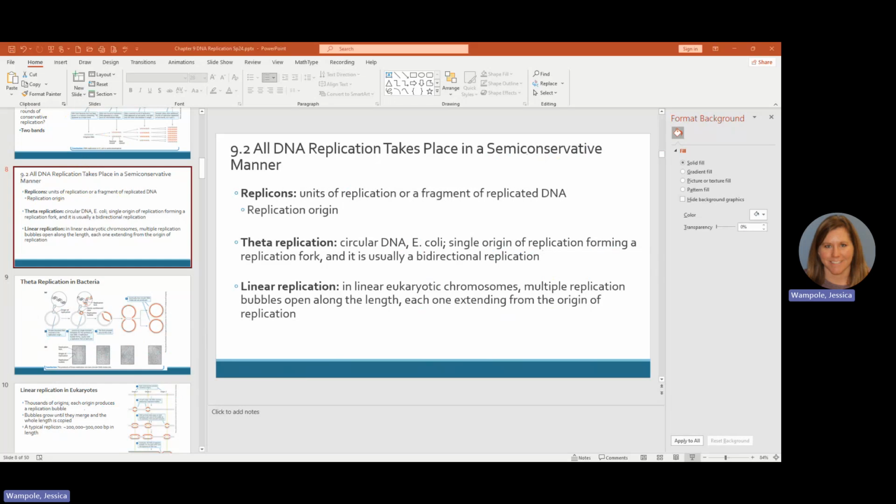So if we have continuous replication in region A, we're also going to have continuous replication in region D. The same is true for our fragments. So if we have fragments or discontinuous replication in region B, we are also going to have discontinuous replication in region C.